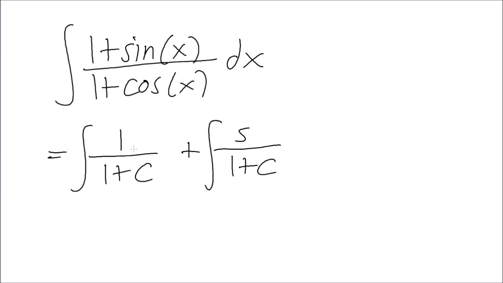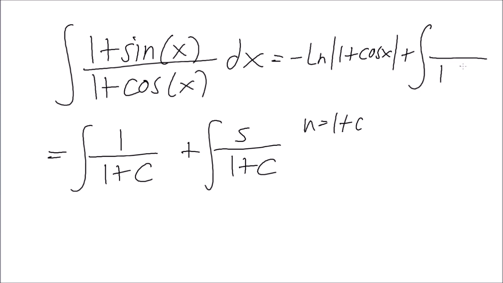Here we need to take care of this. So let me go ahead and solve this first, right? Let u equal 1 plus cosine of x, then du is negative sine. So this becomes negative ln of 1 plus cosine of x, right? But then we have 1 over 1 plus cosine of x.